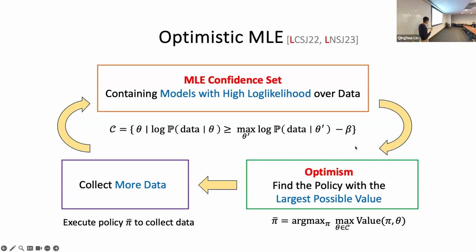So this algorithm is by no means computationally efficient. The reason I introduced this algorithm to you is I want to convince you there exists some way to learn observable POMDPs within polynomial samples.